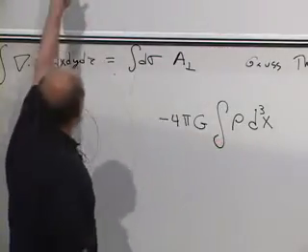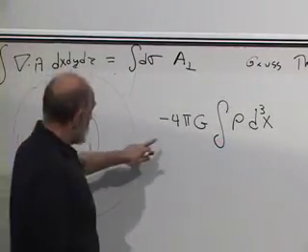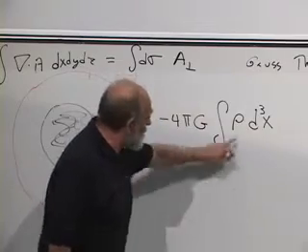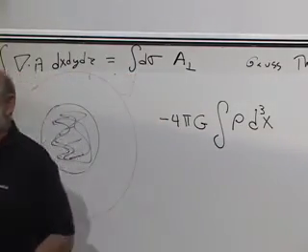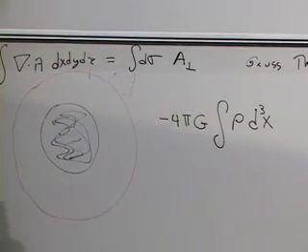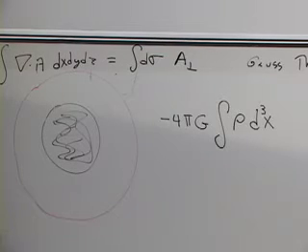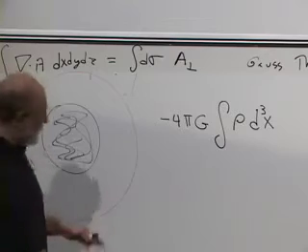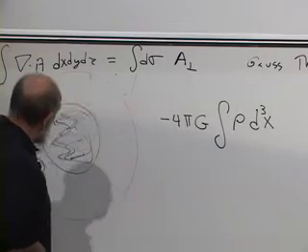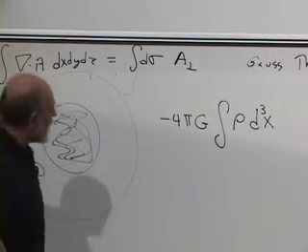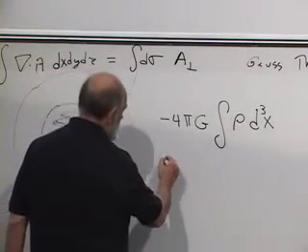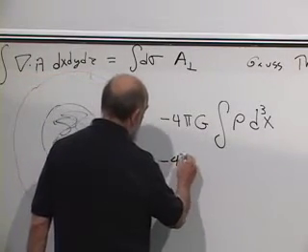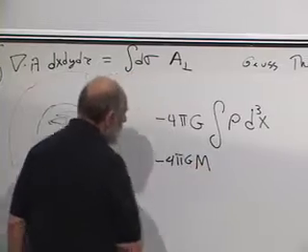Now what's the integral of rho over volume? That's the mass. Integrating up the mass density just gives you the mass enclosed, the mass enclosed within the red sphere. So let's rewrite that: that's minus 4 pi g times the mass within the sphere.